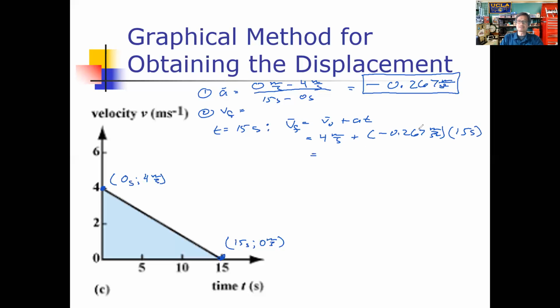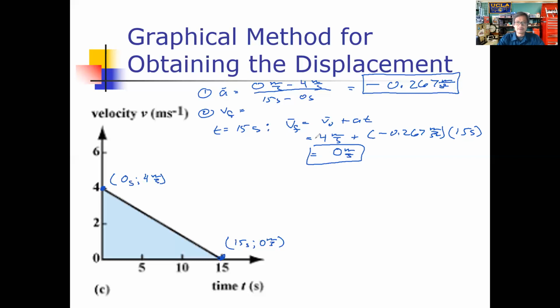If you use the fraction 4/15, the 15s will cancel out, and that will give you 4. So the final velocity, which we get confirmation of from the graph, is 0 meters per second. That'll be your V final at 15 seconds.